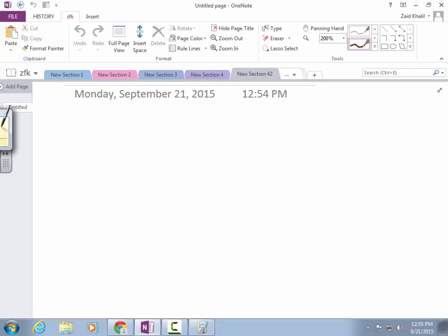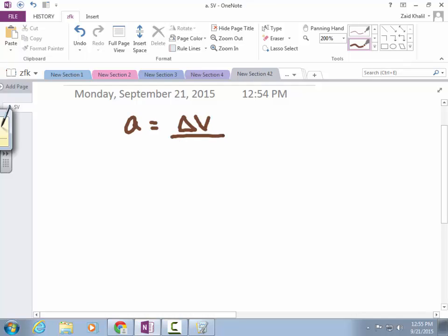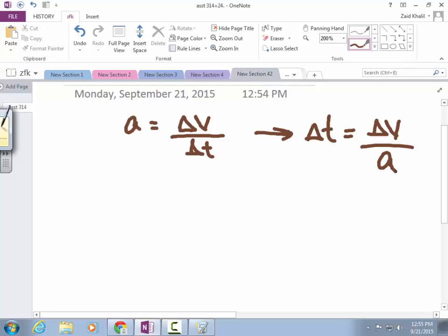So one way is to use the definition of acceleration. Well, what's acceleration? That's right. So A equals delta V over delta T. Therefore, delta T is equal to delta V over A. So, if this thing gets projected at a velocity Vi, we have the following, that delta T is equal to Vf minus Vi, correct?